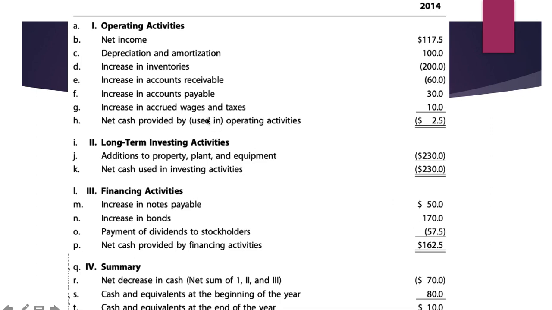Here we can see the net income is given as 117.5, in millions of dollars. And then we have depreciation and amortization. This is already subtracted when we calculate the net income. So we are adding this back because this cash is not spent from our pocket, right? This 100 million is still in our cash, but we subtract it when we calculate the net income because that's also part of our cost.